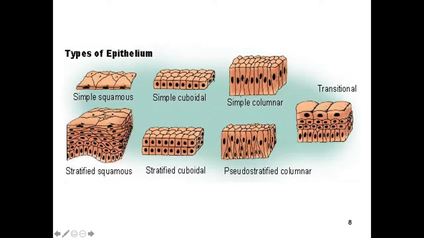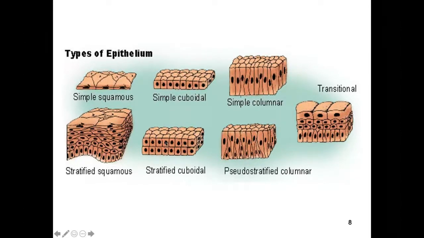So let's take a look here, and let's look at the middle where it says simple cuboidal, right? We can see a bunch of nuclei here in the center of the cell. We see that the cells look square or cube shaped. Remember the terms were squamous, cuboidal, and columnar. So if it's only one cell layer thick, as this is, we call it simple cuboidal epithelium. But down below, we see that it's more than one cell layer, so we call it stratified cuboidal, right?